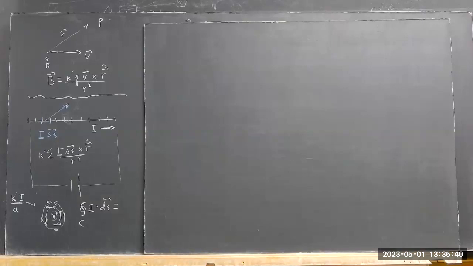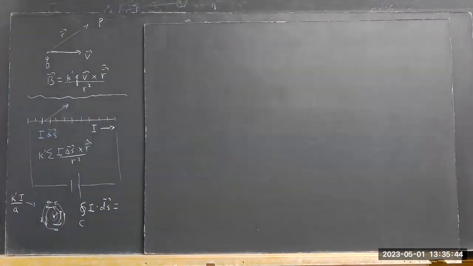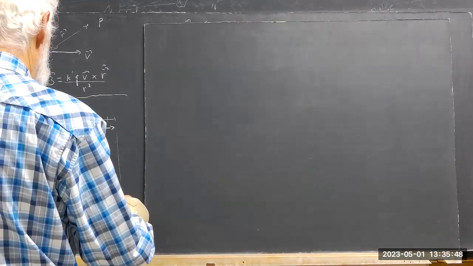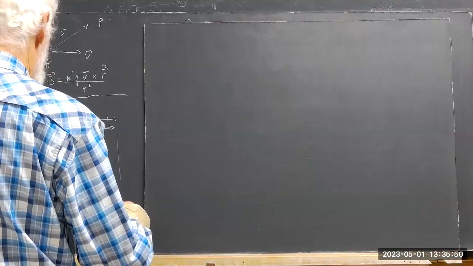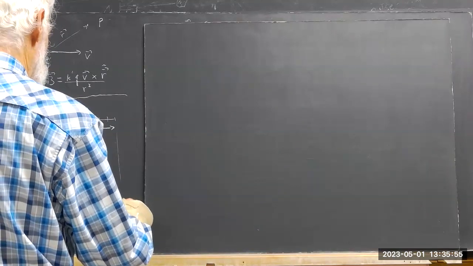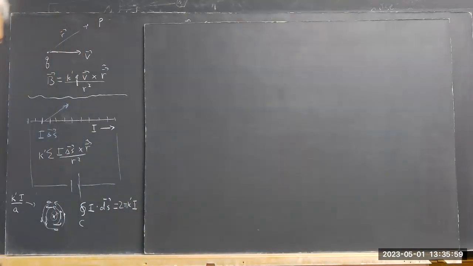Well, I'm really going to lose the factor here. I don't think that's what I get when I reason that out. It's just k prime I. Now that 2 is bothering me a little bit. I'm doing this off the top of my head, so I'm going to check some.